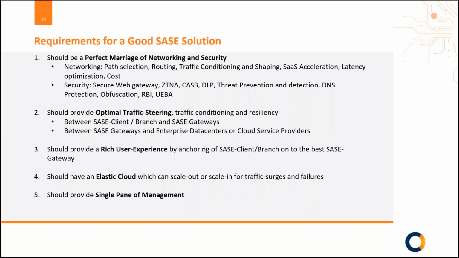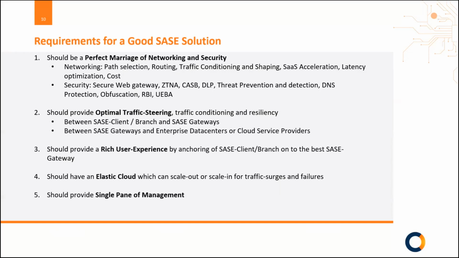The solution needs to have optimal traffic steering, whether the SASE is client-based or from the branch. This is also coupled with a rich user experience, because the more POPs and gateways you have for the SASE, the better, because you are able to route the user to the best traffic or the best performance point.